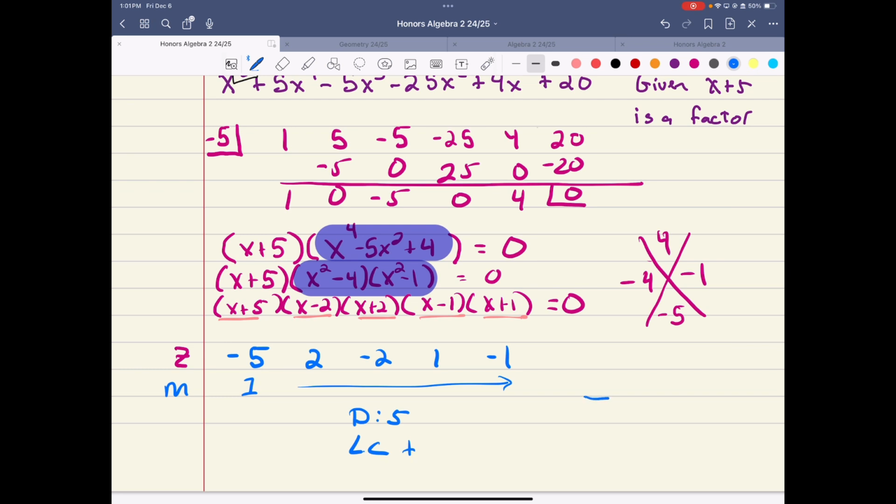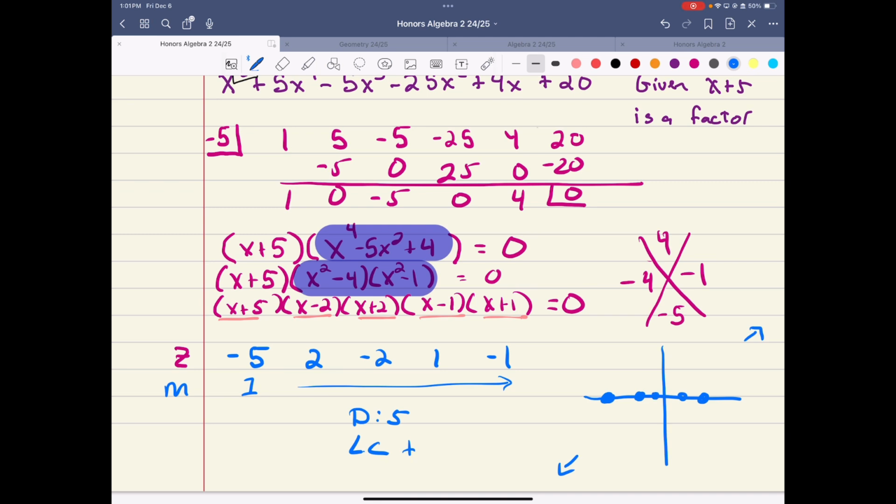So when we graph this, it's odd and positive. So odd and positive means our end behaviors are in the 3rd and 1st quadrants. Now if we graph the points, we've got -5, 2, -2, 1, and -1.